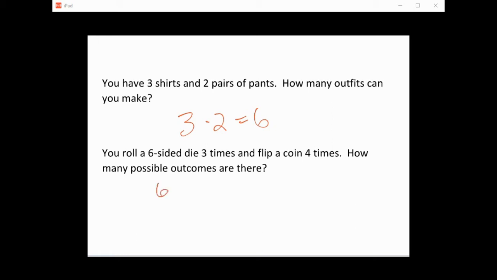So remember that when you're doing this, if you're doing the same thing over and over again, you can write out 6 times 6 times 6, or you could just write 6 to the third if it's the same thing. And then same thing, flipping a coin 4 times, you could write out 4 2s, or just 2 to the 4th, whichever.